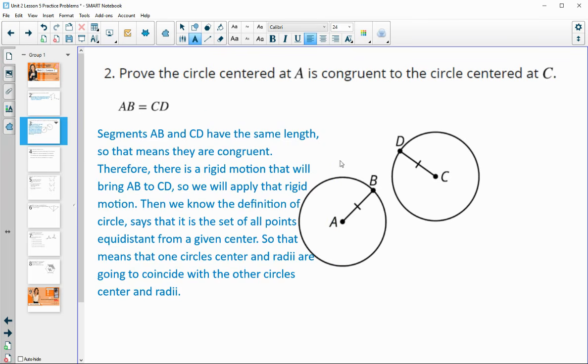Then therefore all of the points will land on the other one, meaning that they're congruent.